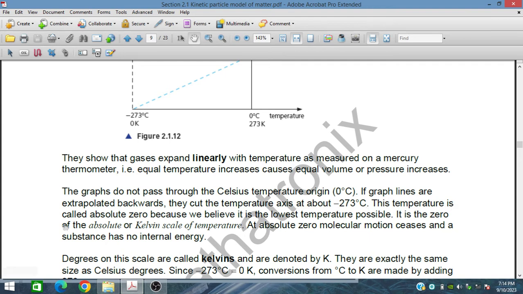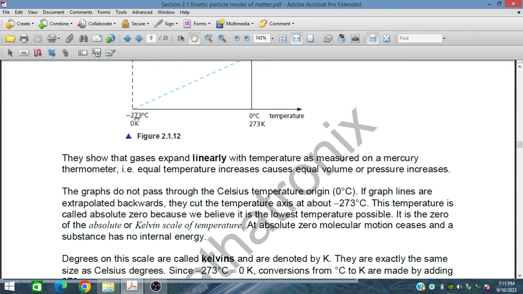This temperature is called absolute zero because we believe it is the lowest temperature possible. It is the zero of the absolute or Kelvin scale of temperature. At absolute zero, molecular motion ceases and the substance has no internal energy.